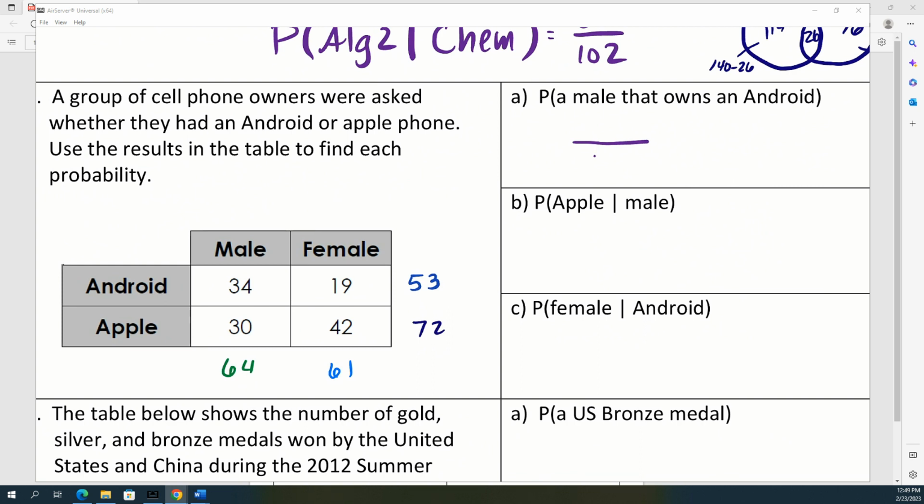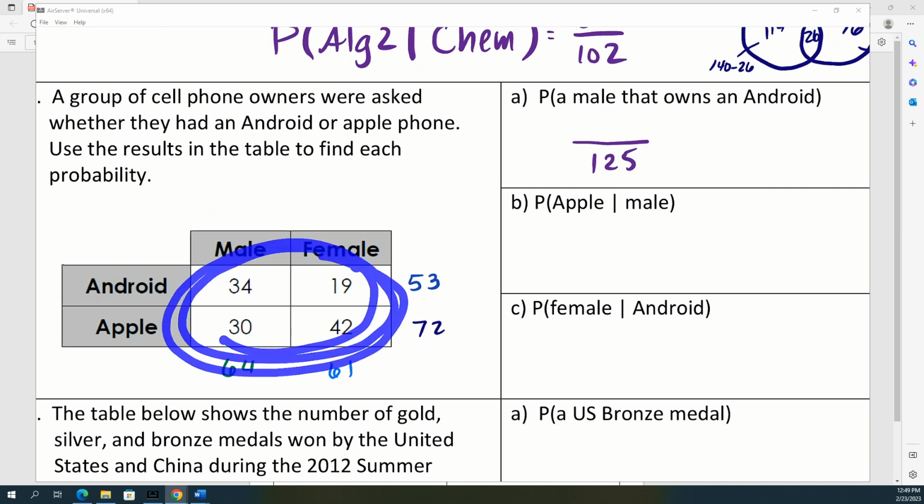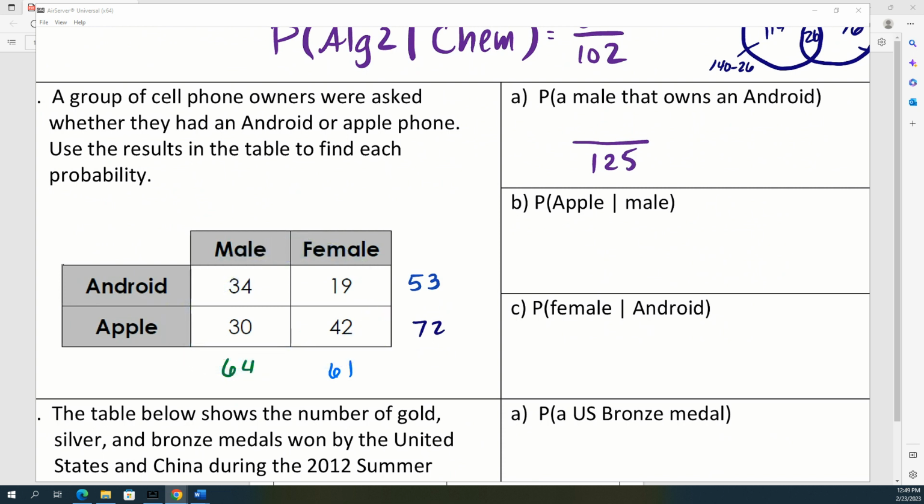So when we're talking about everybody, we're going to do all of these 125 people. How many of those are males that own Androids? 34. And then you're done. Don't worry about reducing it on these tomorrow. It won't be wrong if you reduce it. You just risk a chance of losing points because you might do it wrong.